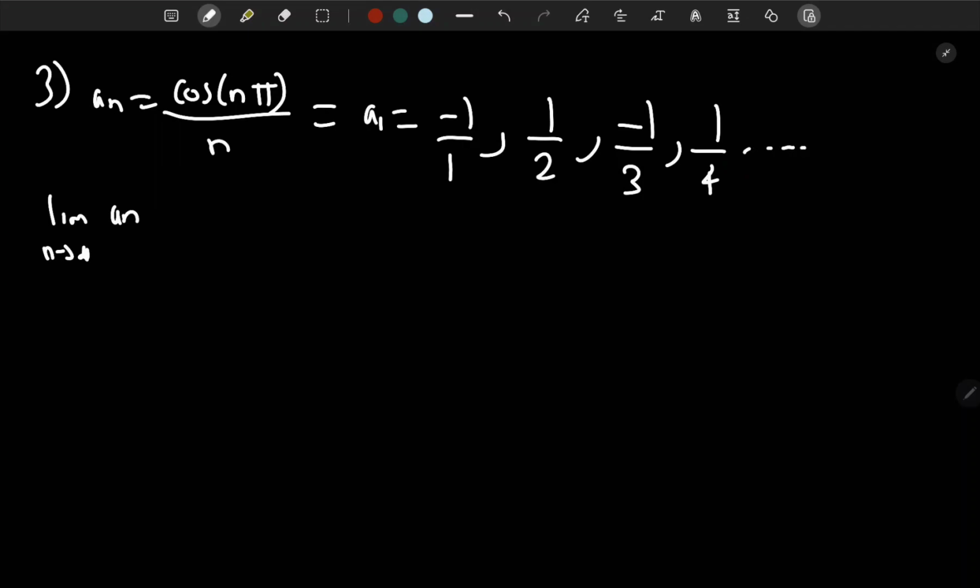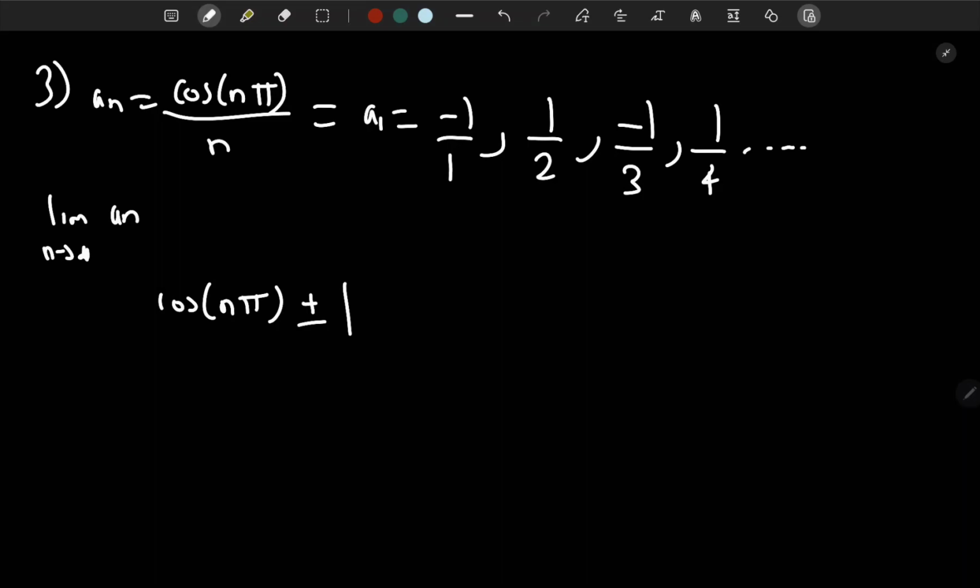So if we divide this now, let's see the behavior of the numerator here. The behavior of the numerator is simply going to be either positive 1 or negative 1, right? No matter what you substitute n as, the largest cosine can be is 1, and the smallest cosine can be is negative 1.